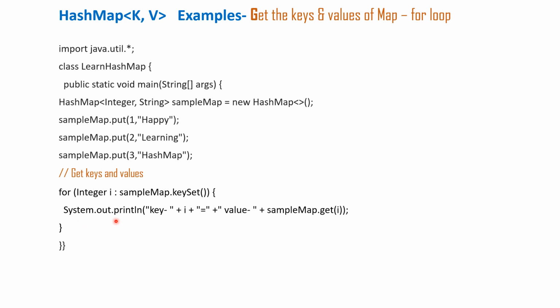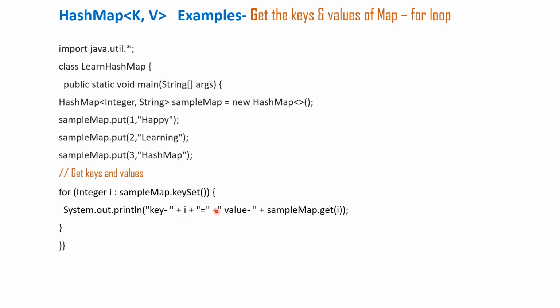We have to get the corresponding keys and values of the whole map. So how to get it? I'm printing key plus I. I is nothing but, as we saw in the last example, from this we will get the keys of the map.